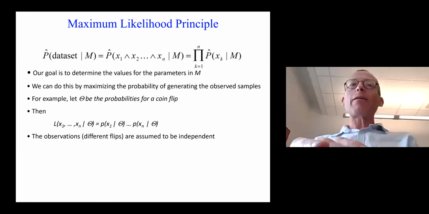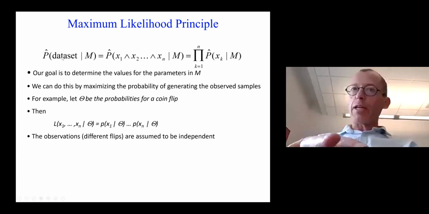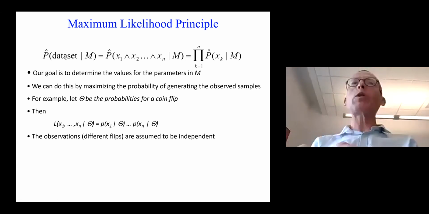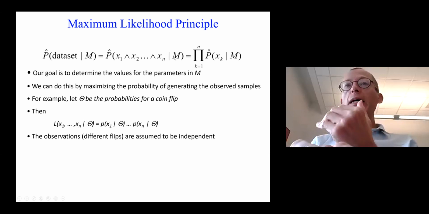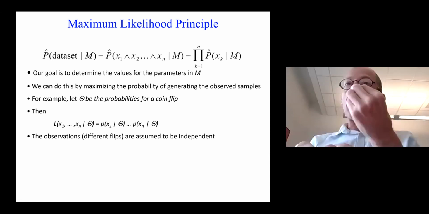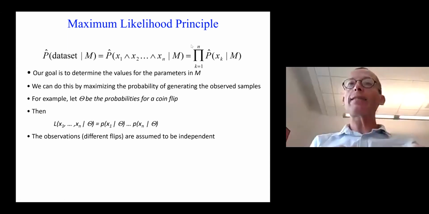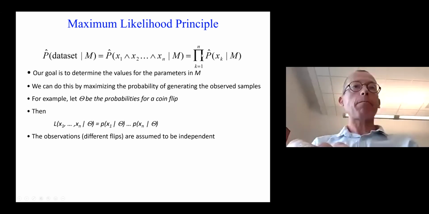The maximum likelihood principle states that if we have a set of observations, we would like to find a model that maximizes this function here. This is the likelihood of the data given the model. Of course, we don't know the model, but there is a value for the model, in this case a value for the probability of heads, that will maximize this function. And that's what we want to find. We want to find the value of M that leads to the maximum for this function here. This is called the maximum likelihood principle.